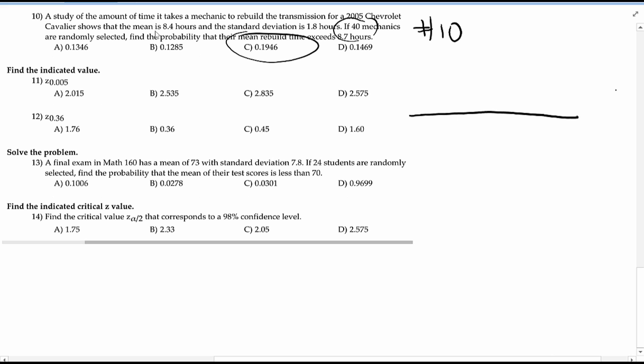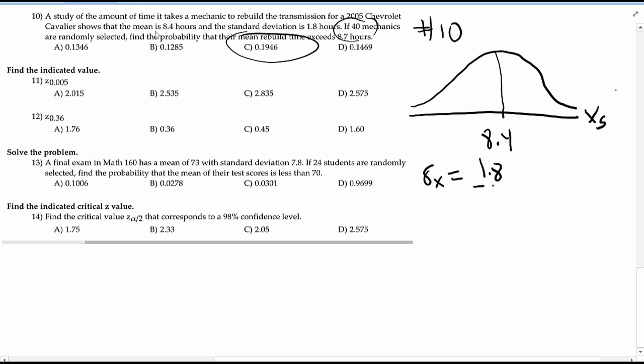We have to find out the chances that the mean of a sample of 40 mechanics is greater than 8.7 hours. We know that the sampling distribution has a mean equal to the mean of the population where the sample came from, which is 8.4 hours. The standard deviation of this sampling distribution is the standard deviation of the population, which is 1.8, divided by the square root of the sample size, which is 40.